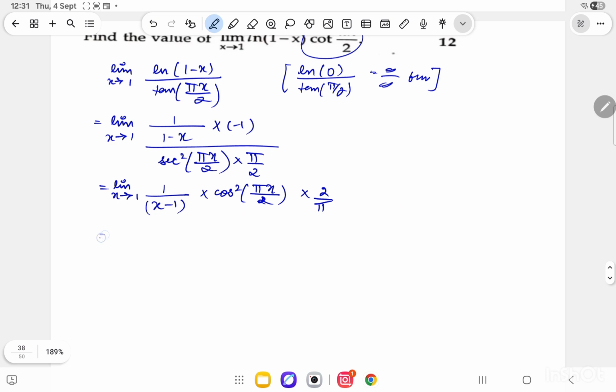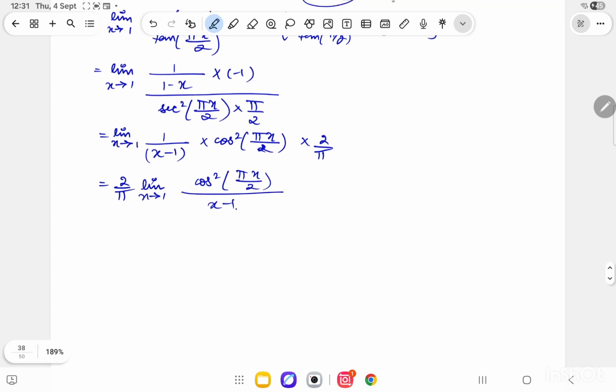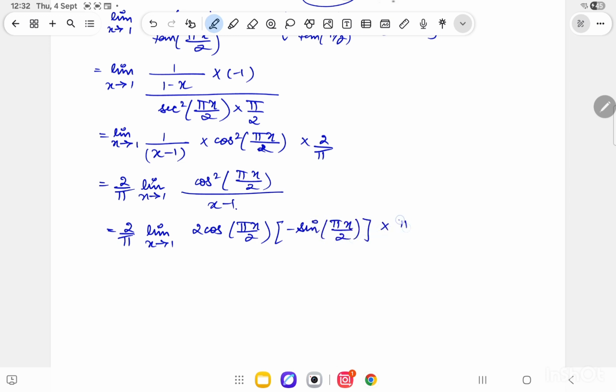So this thing will be equal to 2 by pi into limit x approaches 1 of cos squared(pi x by 2) divided by (x minus 1). If I take the limit again, I'll be getting 2 by pi into limit x approaches 1 of 2 cos(pi x by 2) into minus sin(pi x by 2) into pi by 2, divided by 1.